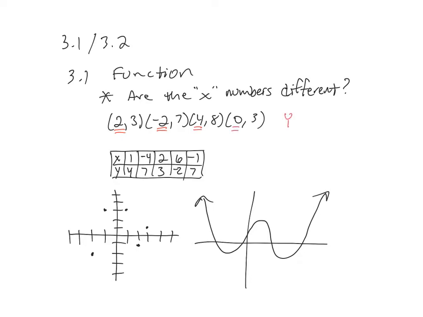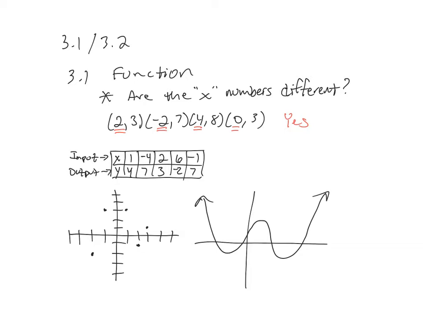So I don't even care what the y numbers are. Like you notice there's a 3 in the first point and a 3 in the last point where they're the same. Who cares? It's just the x numbers. Remember that the x numbers would be considered input and the y numbers would be considered output.